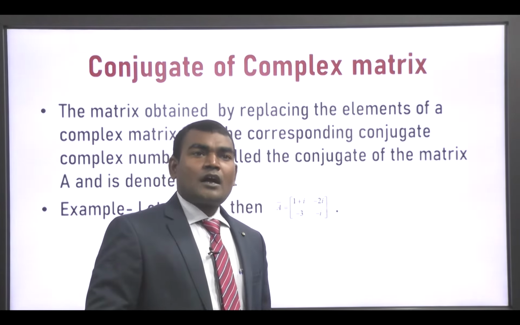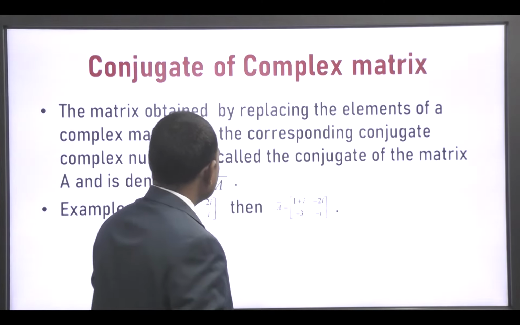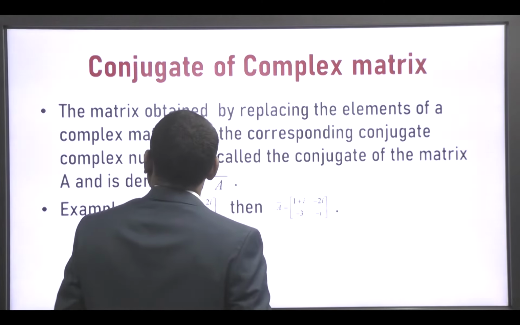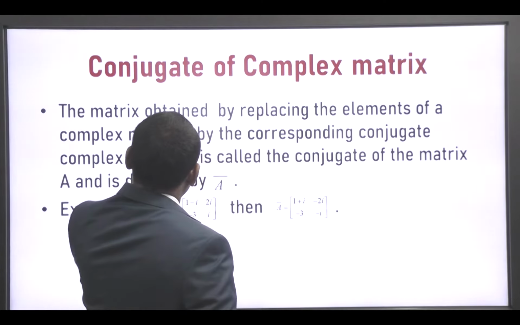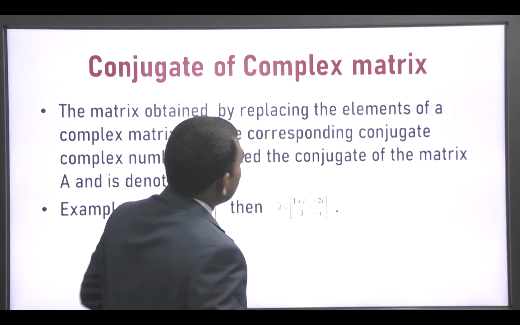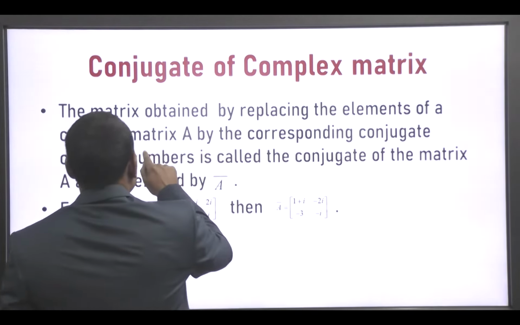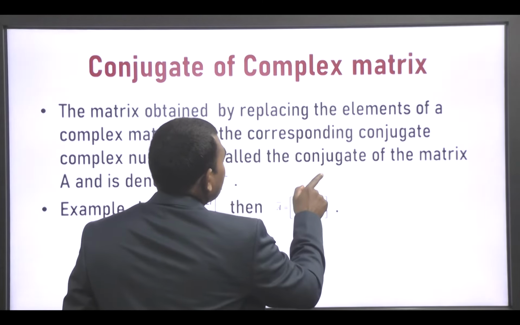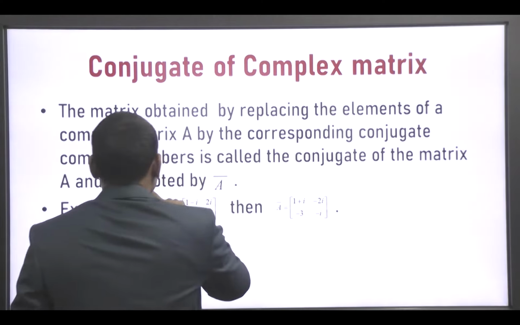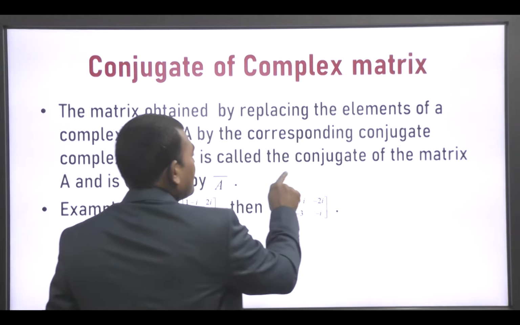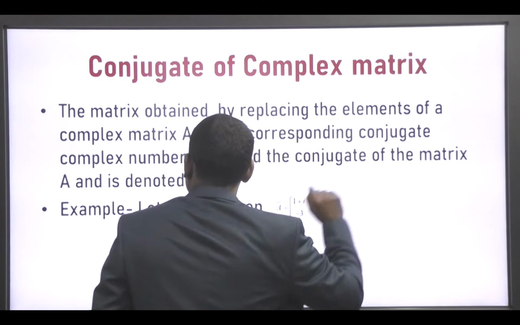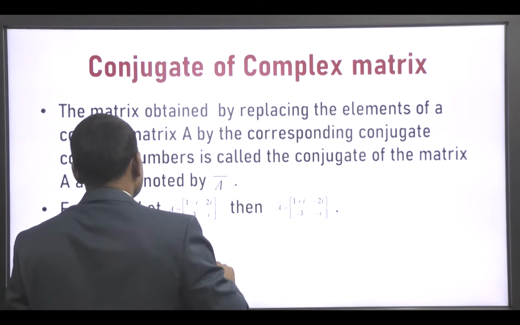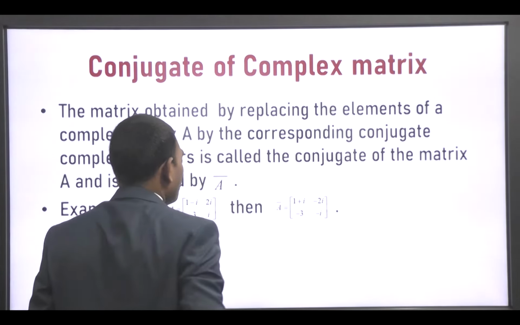Now, the conjugate of a complex matrix. The matrix obtained by replacing the elements of a complex matrix A by the corresponding conjugate complex numbers is called the conjugate of the matrix and is denoted by A bar.